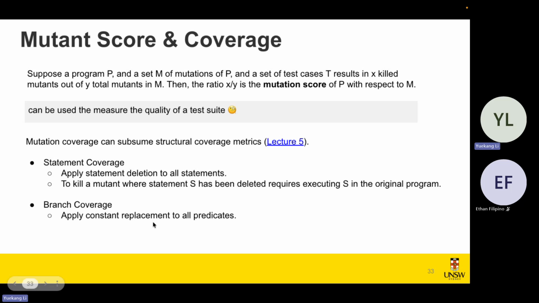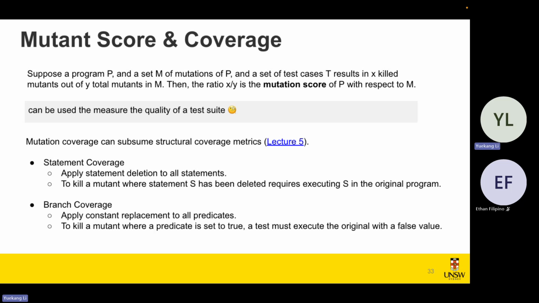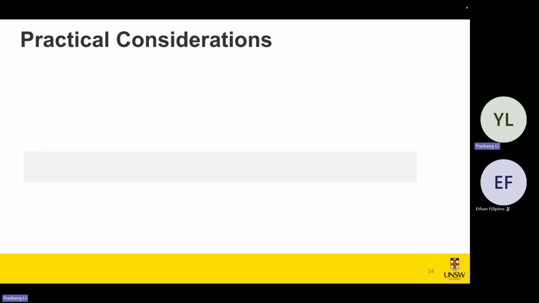And in this case, if all the test cases still pass, then it means that there are some branches which are not covered, right? This is why mutation coverage can be used to subsume some structural coverage, because we can apply different mutation operators on different levels exhaustively. So that's why.